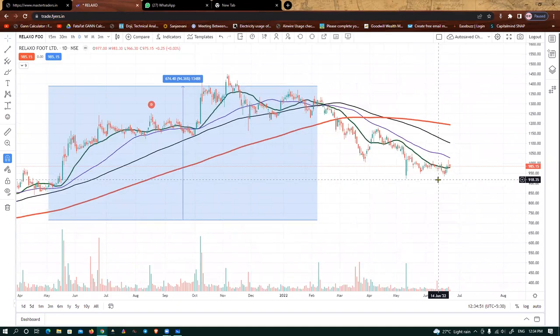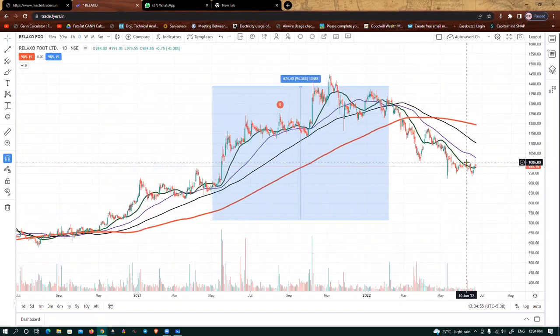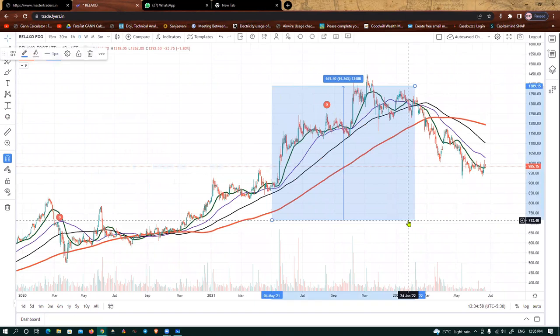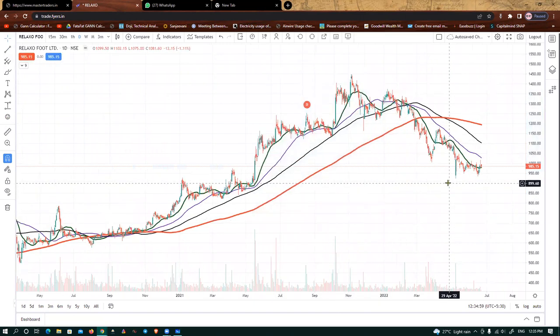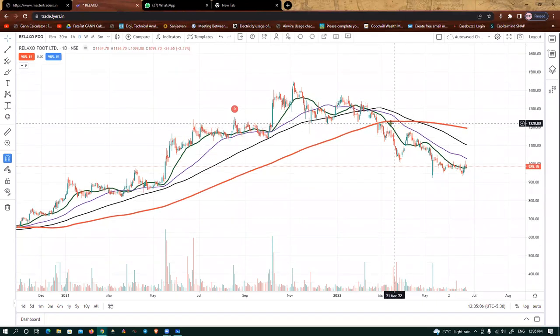It just turned negative, and we are not very confirmed whether it will stay below this for the long term. It can come back to a positive note. Right now it is flat. You can see long term, it is not so bearish. It is flat, almost equal to a horizontal line.